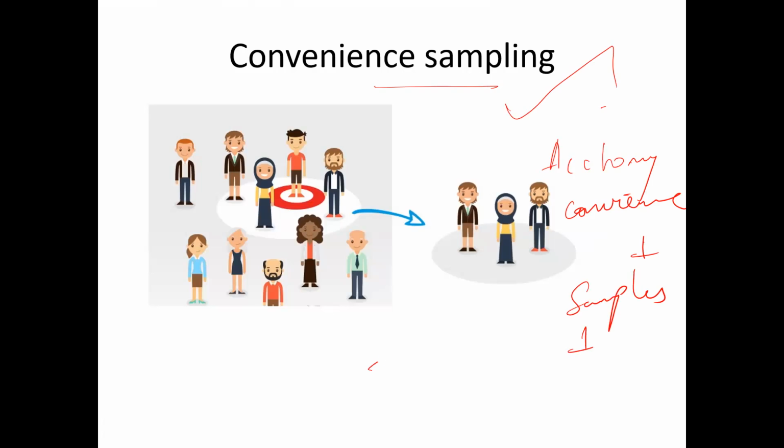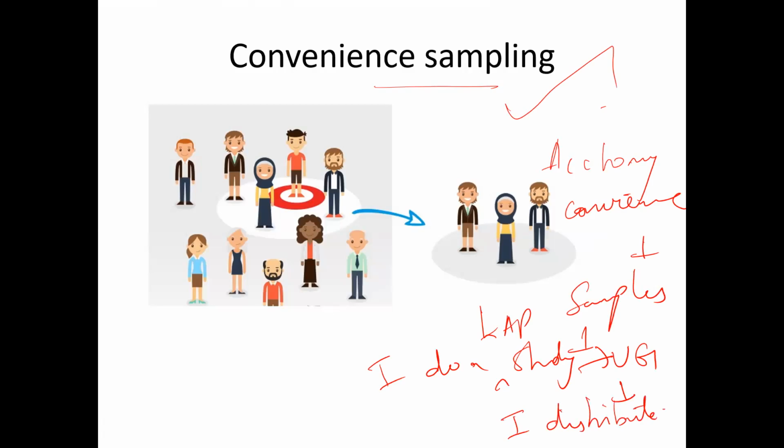For example, I do a gap study among the undergraduate students, and I distribute according to my convenience among the students who are available right now, at that particular time. So according to my convenience, I select the sample.